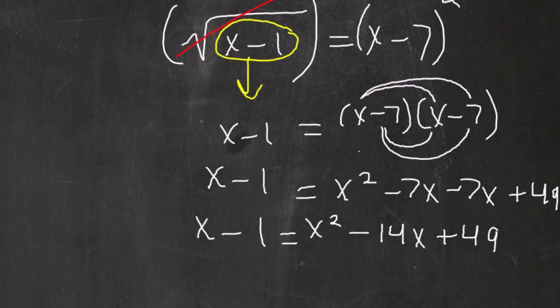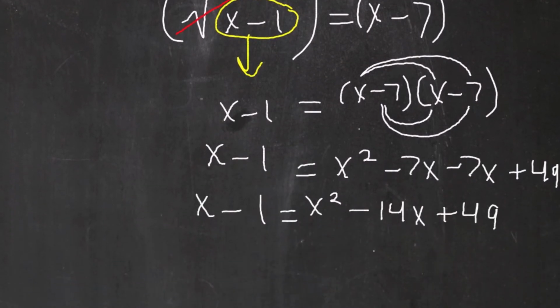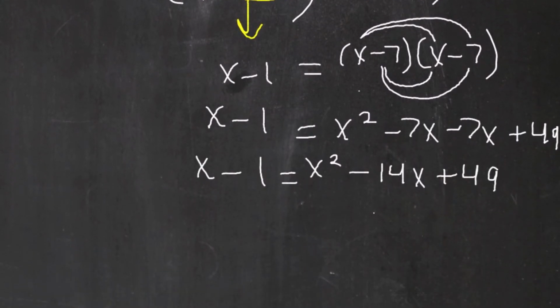Now we went from a radical equation to something that looks like a quadratic equation. With quadratic equations, we can always solve by factoring. To factor, you want everything on the same side. So I'm going to subtract x and add 1 to cancel both of these. Whatever I do to one side, we do to the other side.